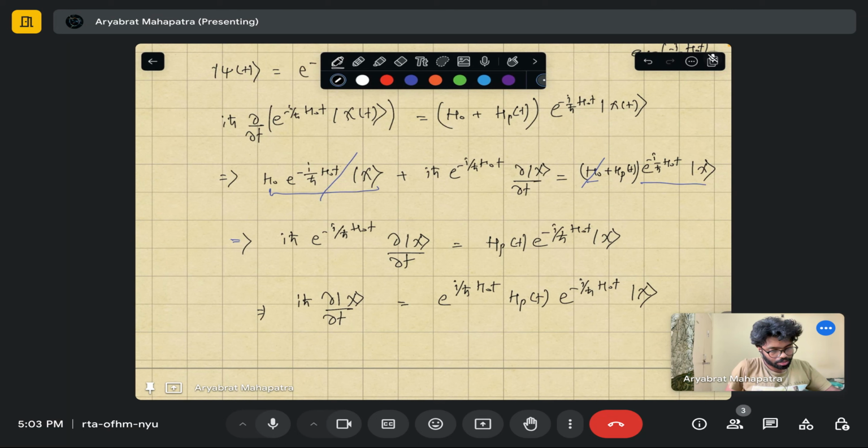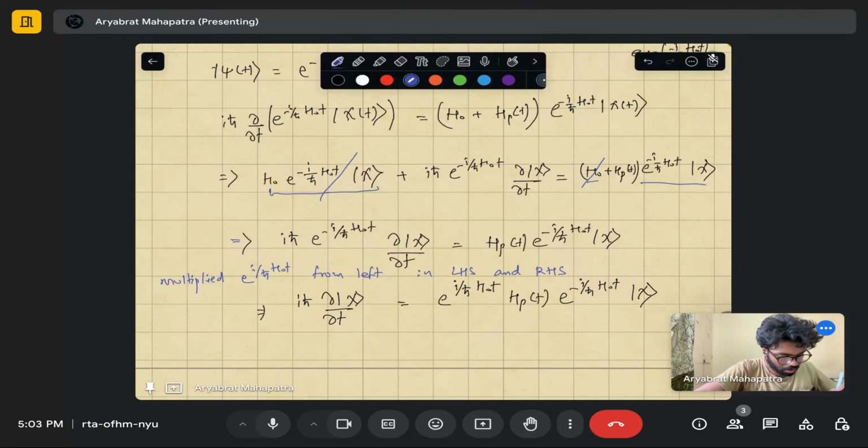So what I did is I multiplied the exponential of i over h bar H naught t from the left in LHS as well as RHS. Why am I doing this? Because I cannot just drag these exponentials out like we normally do.